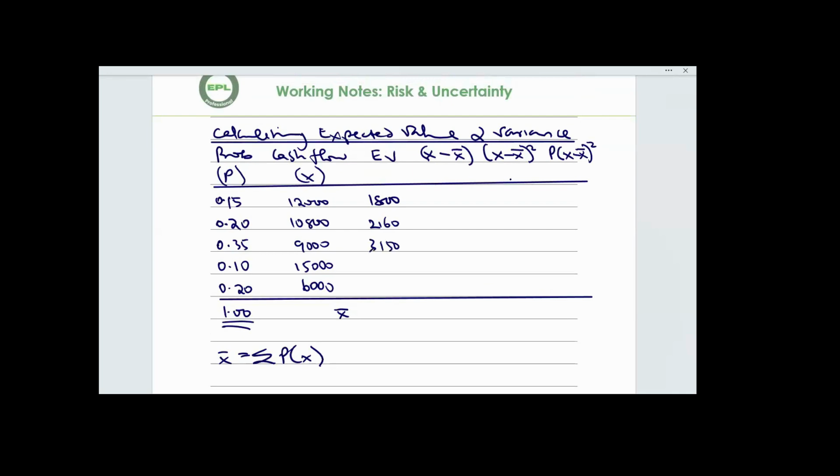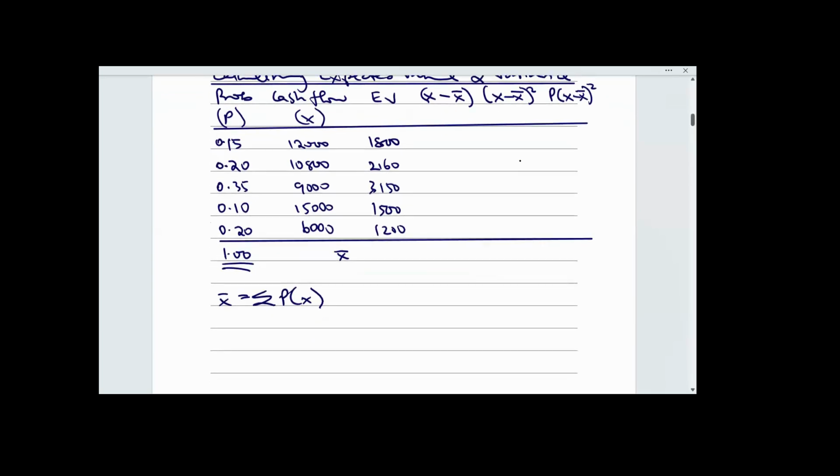Then 1,500. Then 1,200. So you add up the expected value. What do you have? 9,810. That represents the expected value.